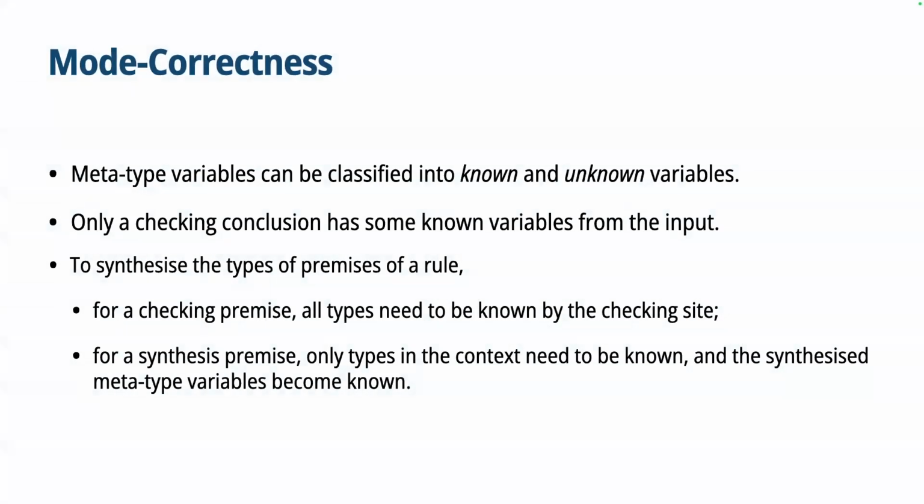Now, if you want to actually build a bidirectional type synthesis, then we need to define the mode correctness. The basic idea is that we can classify the meta variables in every operation or construct into known and unknown variables. Known variables are those that can be given already from the conclusion, or have been synthesized previously from other premises.